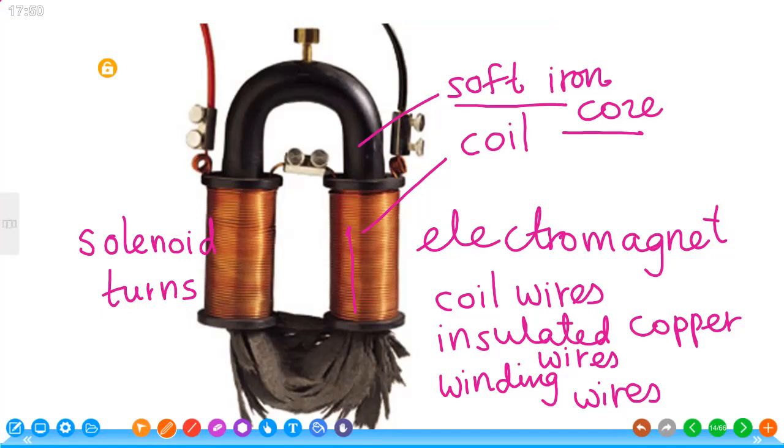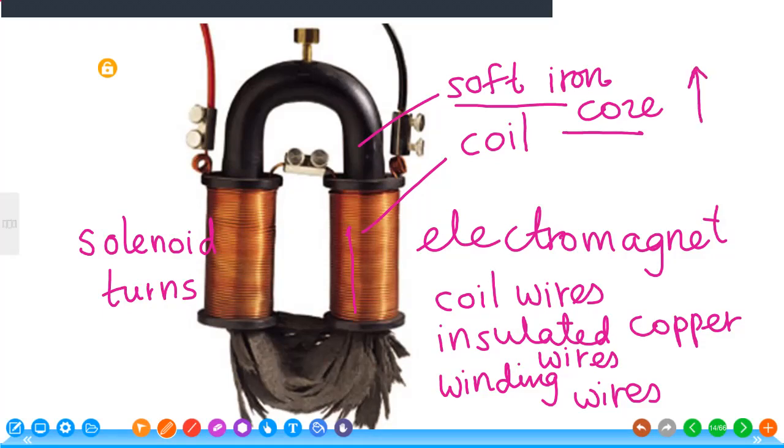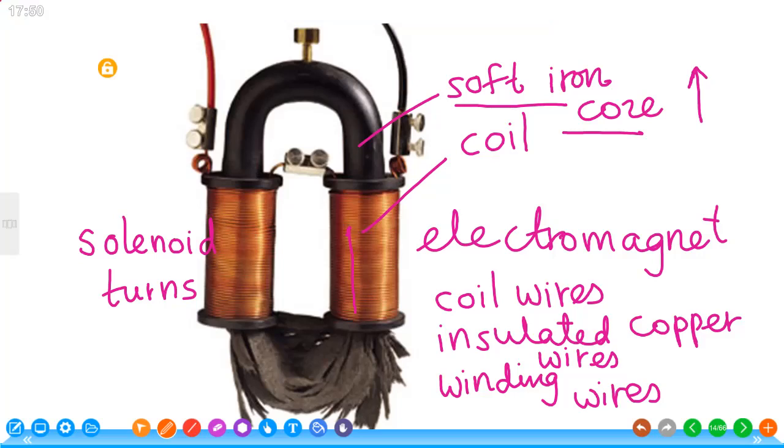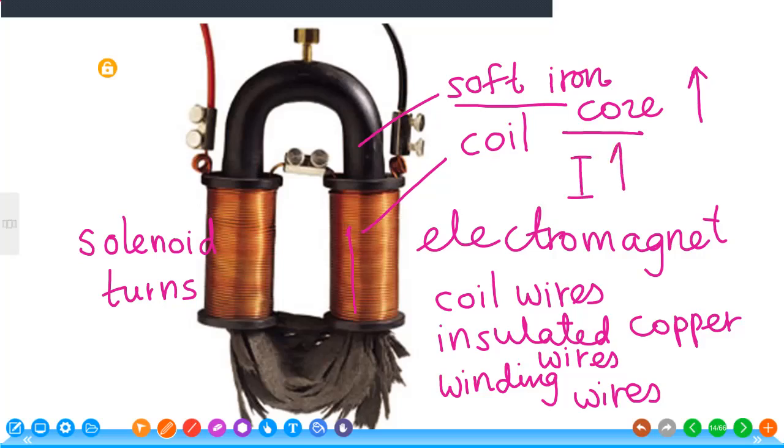But if you have a soft iron core with a greater cross-sectional area, then we can increase the strength of the electromagnet. The third one is by increasing the magnitude of current, I. By increasing the amount of current we supply to this electromagnet, we can increase the strength of the electromagnet.